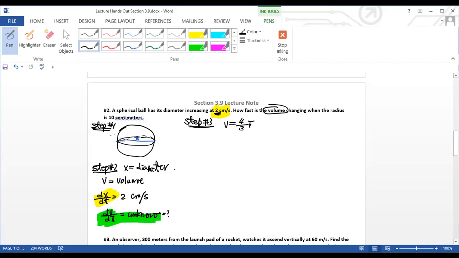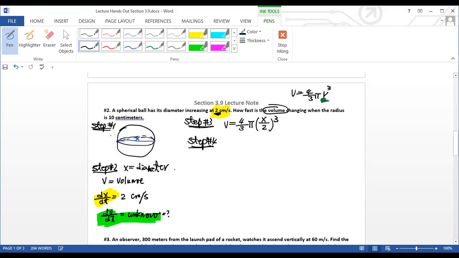In general, V is equal to 4/3 pi r cubed, right? This is the radius. Now for this problem, because x is the diameter, the radius will just be x/2, to the power of 3, correct? That's step number 3.